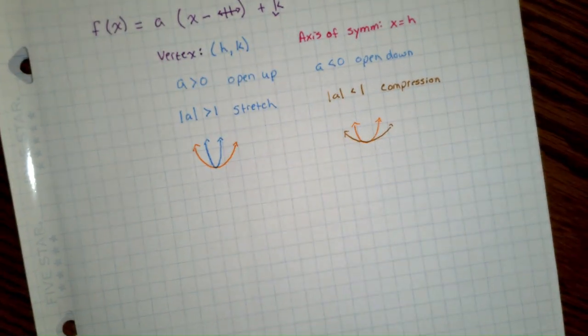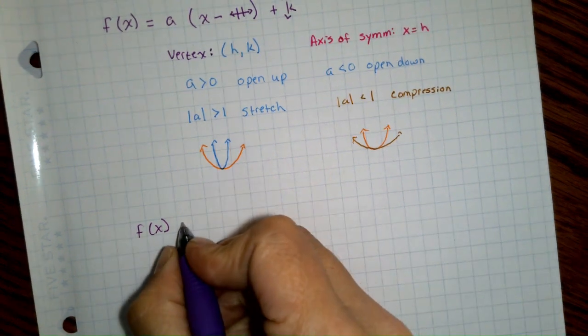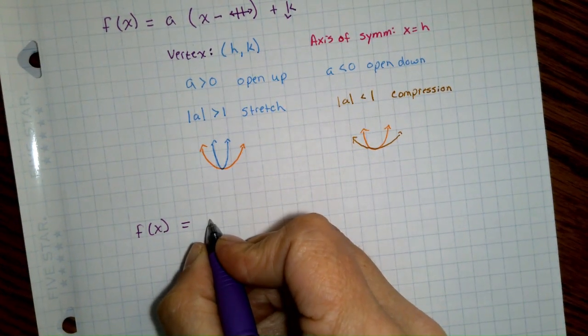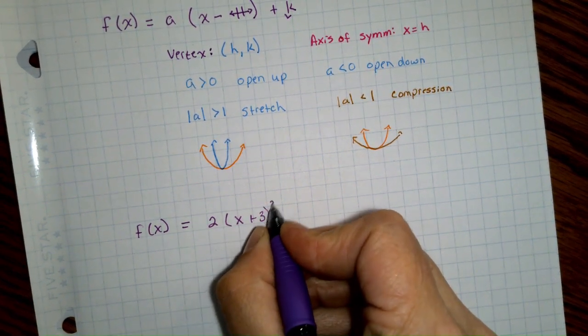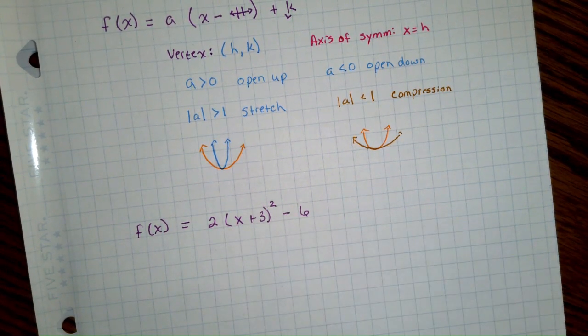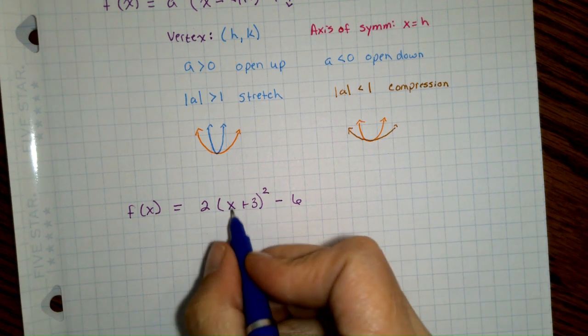So let's take on this example here. We're going to have f of x equals 2 times (x plus 3) squared minus 6. Looking back to our transformation video, order of operations, we do parentheses first.